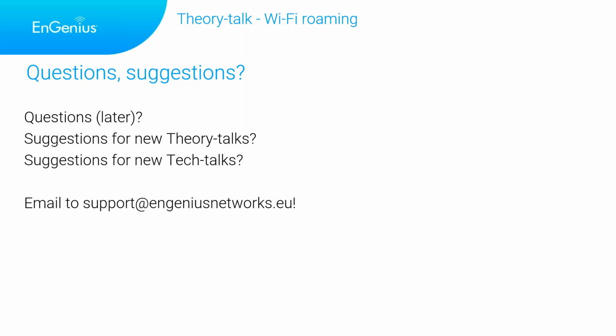You can expect that K and R are pretty standard already in most clients, and 11v will become ubiquitous in the coming years. So all the 5 gigahertz and 6 gigahertz clients will start to support it.